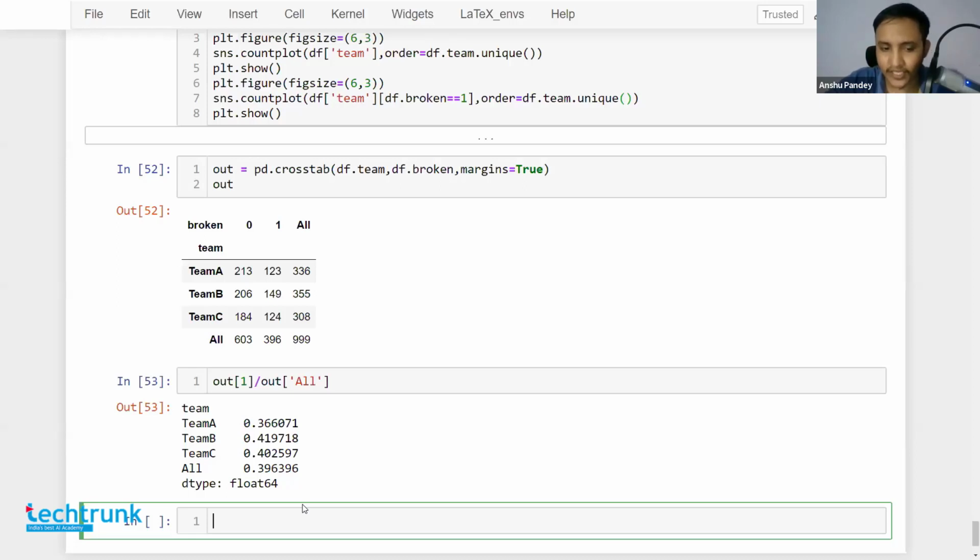The overall damage rate is 39%. Team A's damage rate is 36%, which is lesser than the overall average, but team B and team C have values higher than the overall average. That means team A is taking care of machines much better, or maybe they are handling machines much better compared to the way team B or team C is handling the machines.